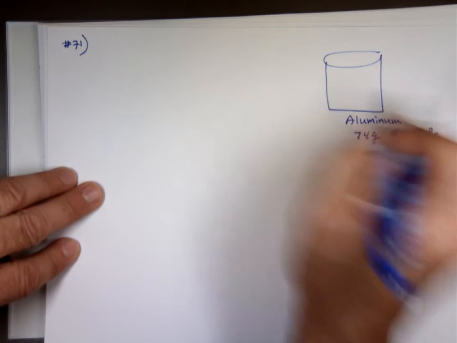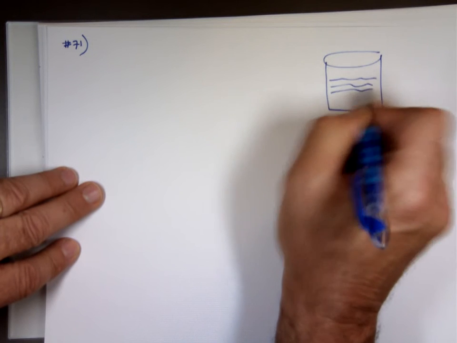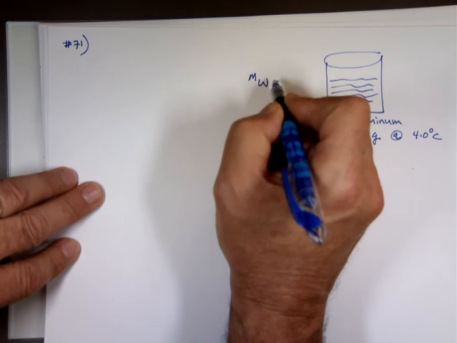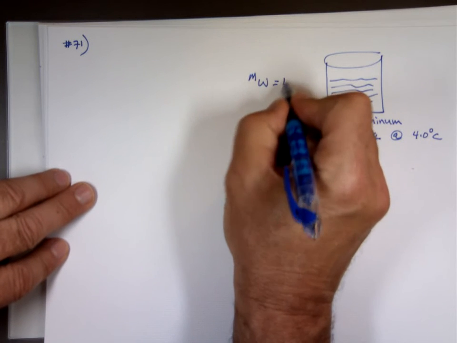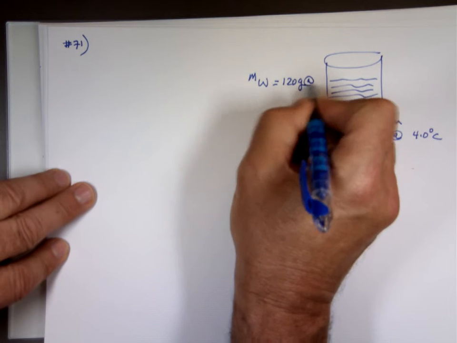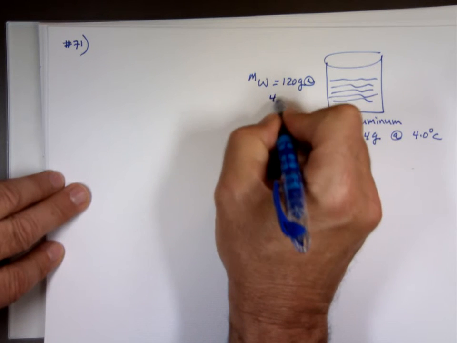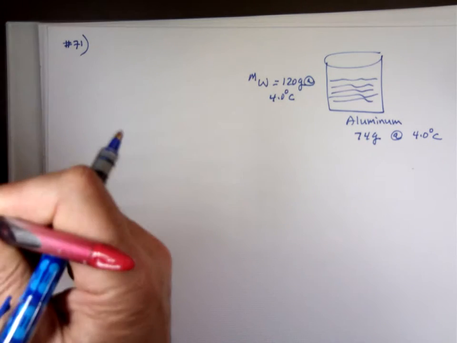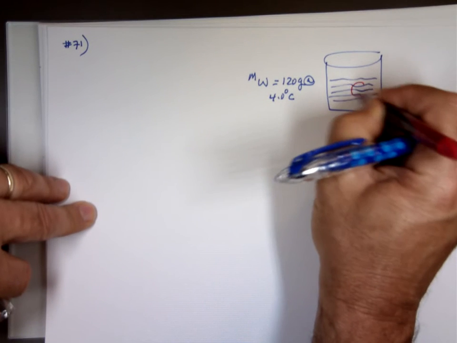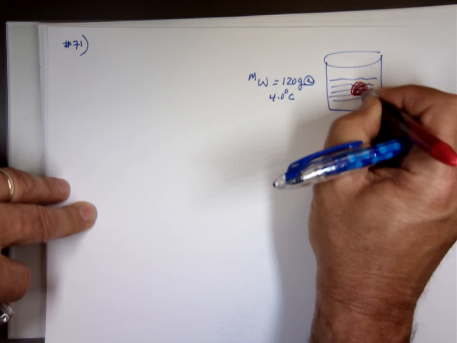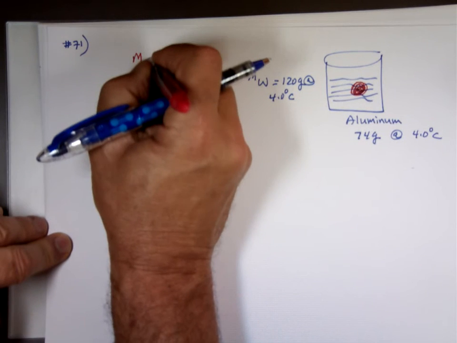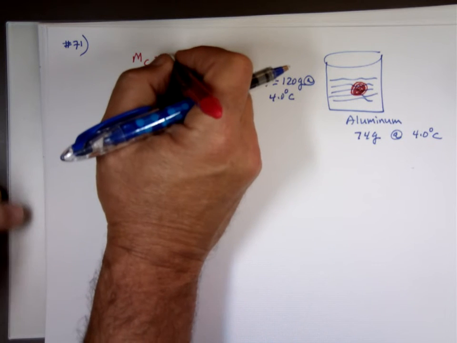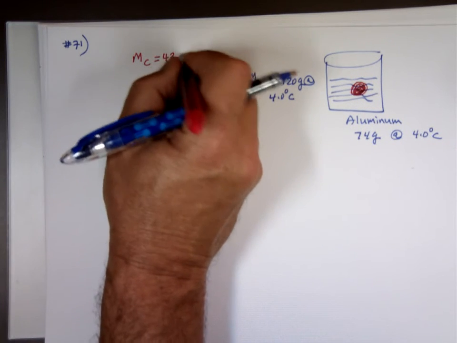It has water in it. The mass of the water in that cup is 120 grams at 4 degrees Celsius. And you take now a copper bowl and you drop it in. The mass of the copper that you dropped in is 45 grams or 43 grams, whatever it was. Can't see it. At -15.